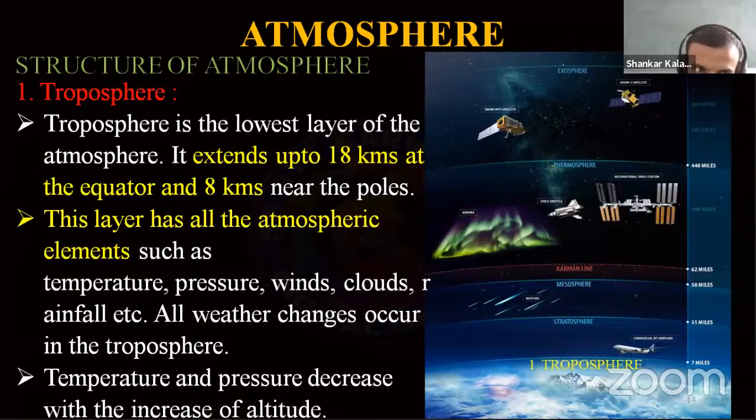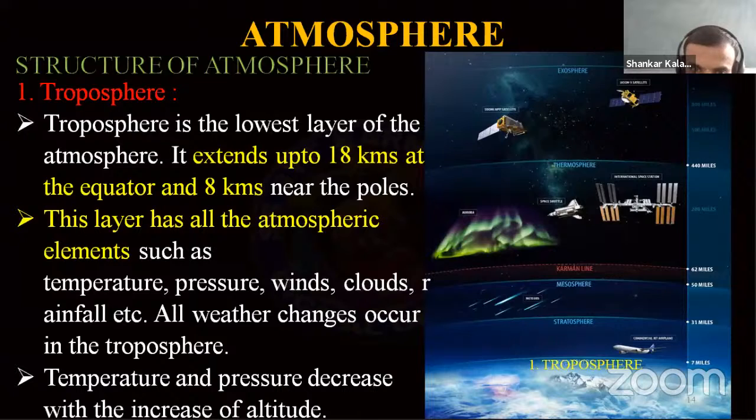The troposphere is the lowest layer of the atmosphere. Why do we call it the lowest layer? Because it is nearest to the Earth's surface, and all the remaining layers start after the troposphere.